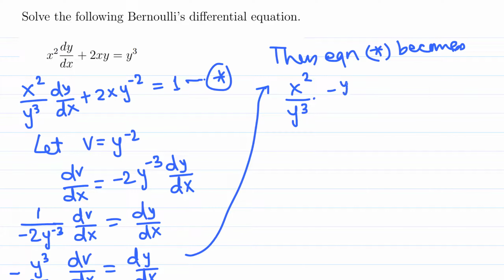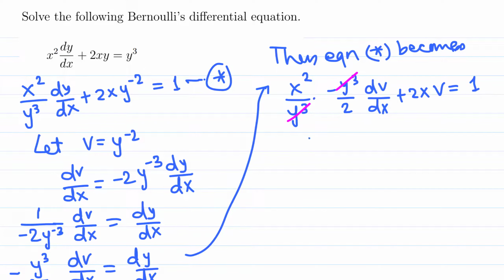Plus 2x, and y to the negative 2 is v, equals 1. Okay, let's simplify. The y cubed cancels. We should not have y anymore. This should be linear in terms of v and the independent variable x.